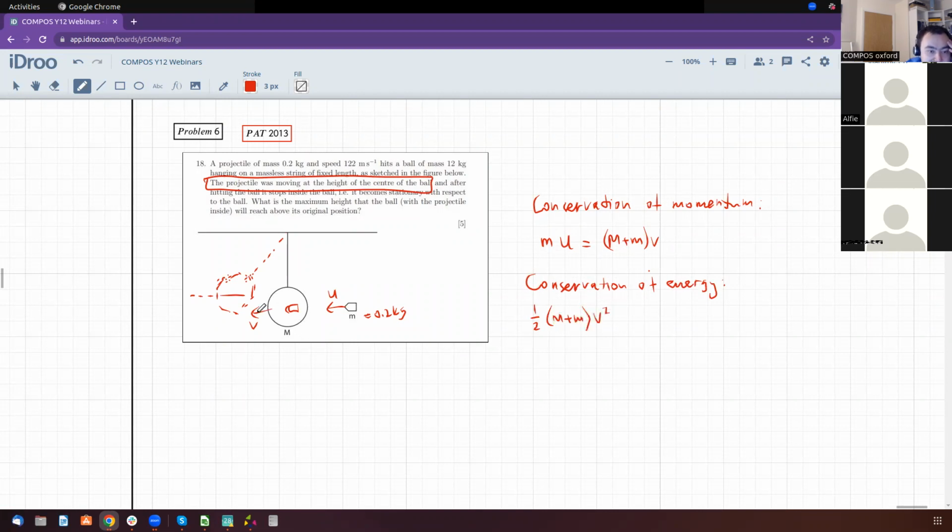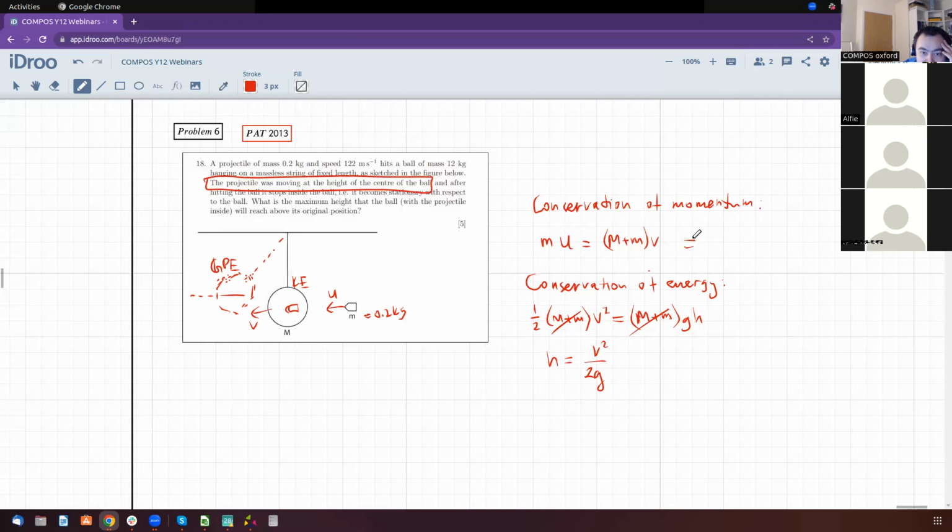That's the kinetic energy of the ball and bullet after they swing, and it's equal to (M plus m) gh, the potential energy at the top. So GPE at the top is equal to the kinetic energy at the bottom. Okay. So M plus m cancels. We have h is equal to v squared divided by 2g.